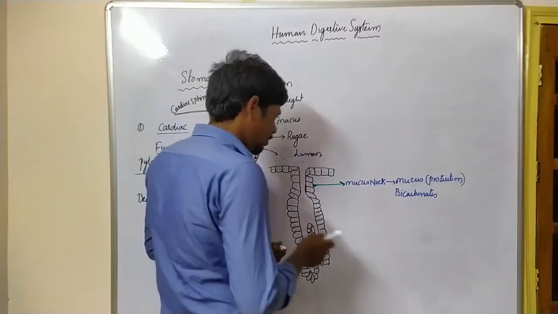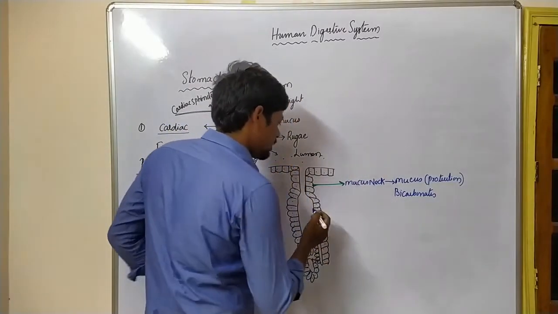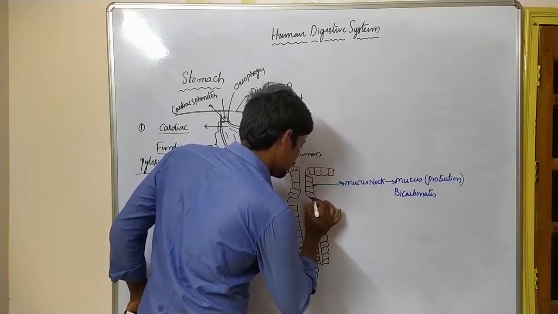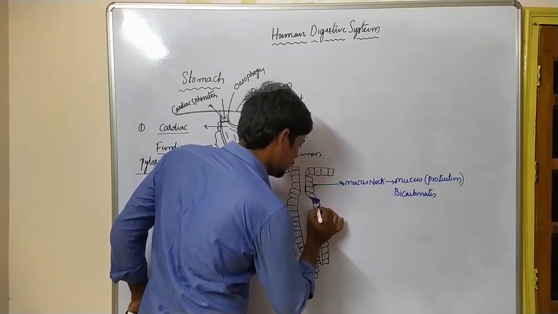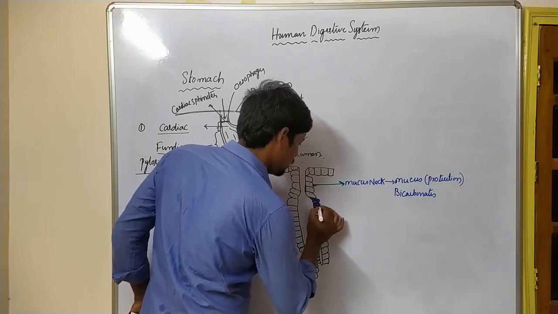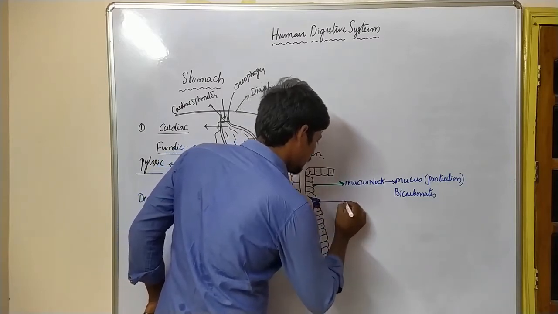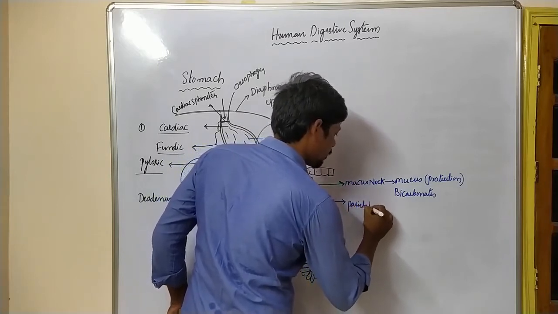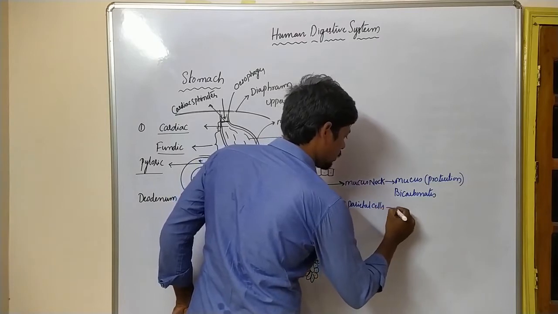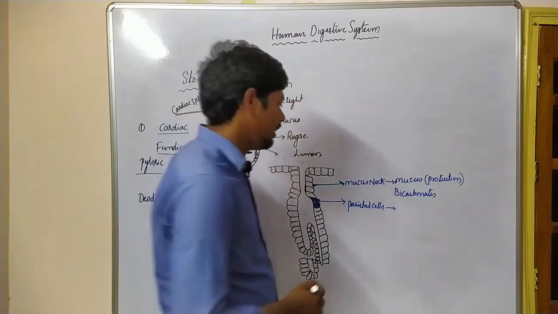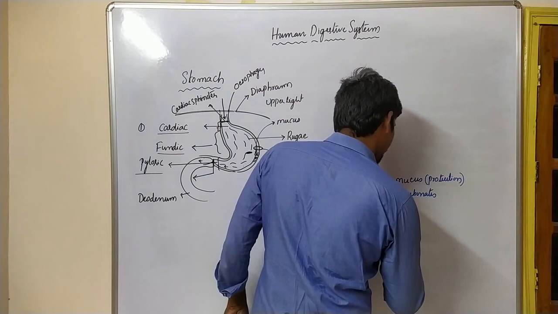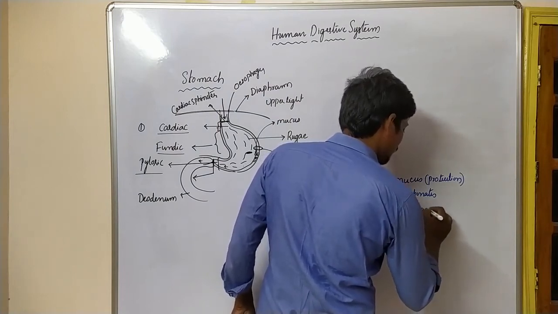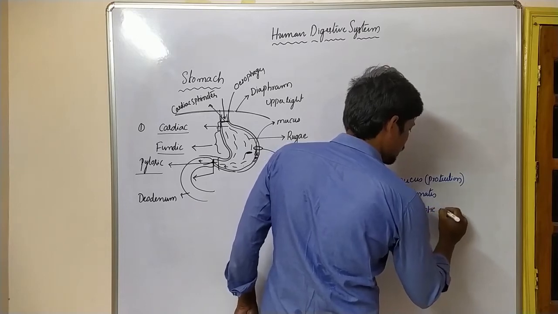And next to the mucous neck cells, here are some cells called parietal cells. Parietal cells are the cells that produce HCl, or gastric acid.